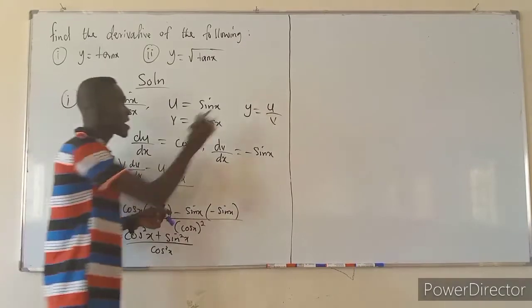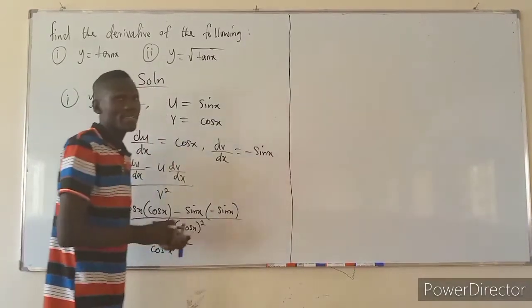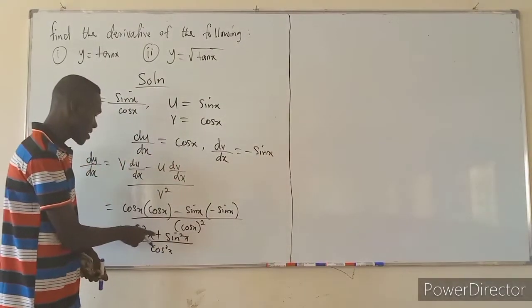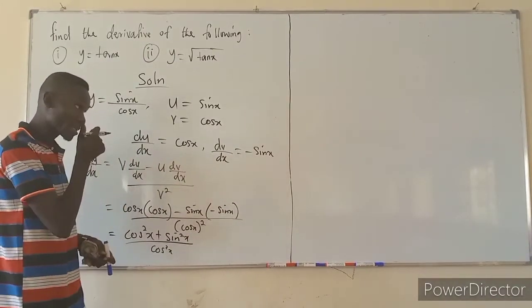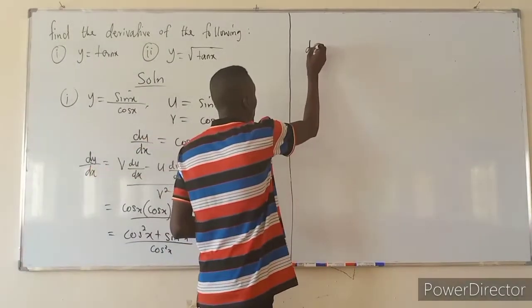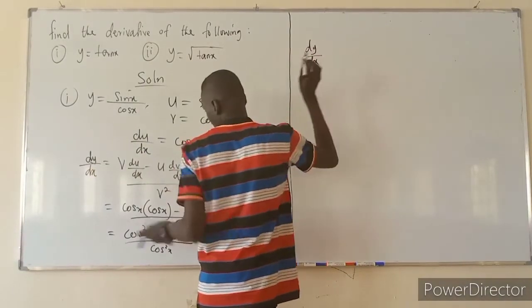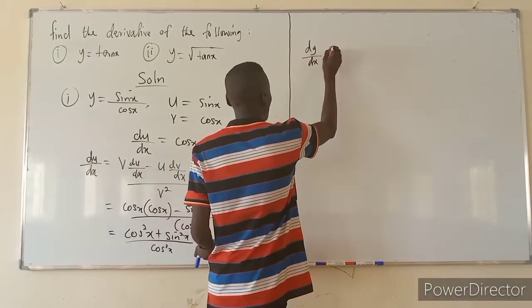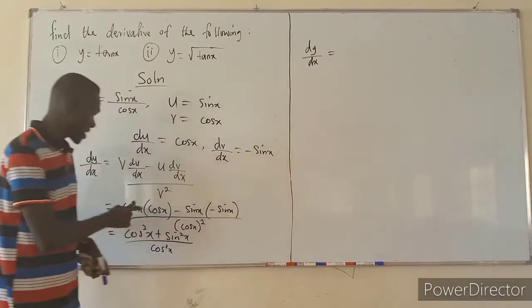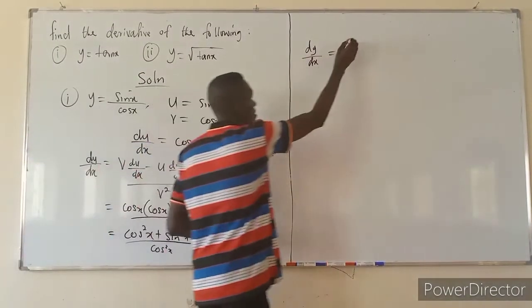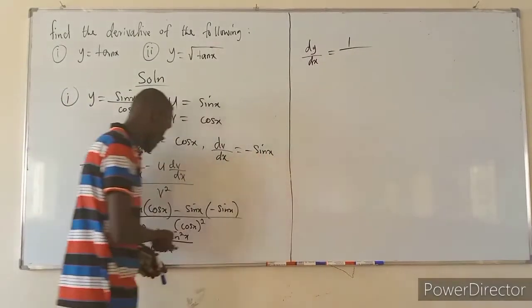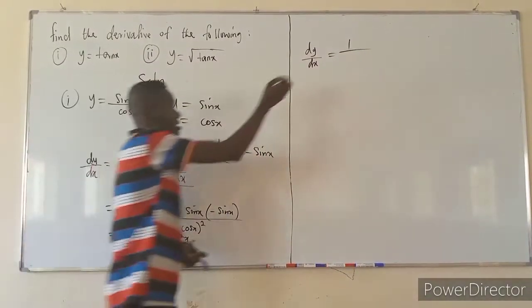But still recall from our trigonometric identities, cos square x plus sin square x is the same thing as 1. So we'll be using that here also. So I'm having dy over dx equals, in place of cos square x plus sin square x, 1, over cos square x.